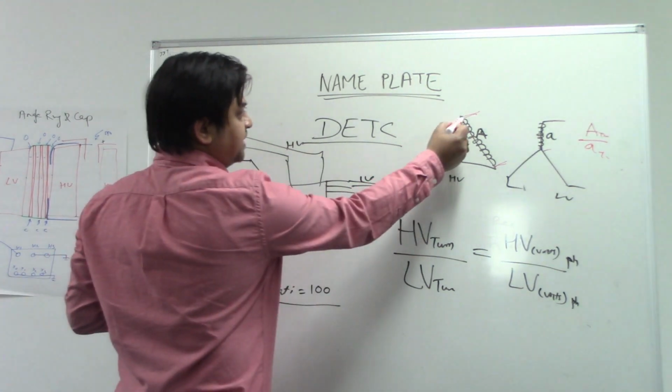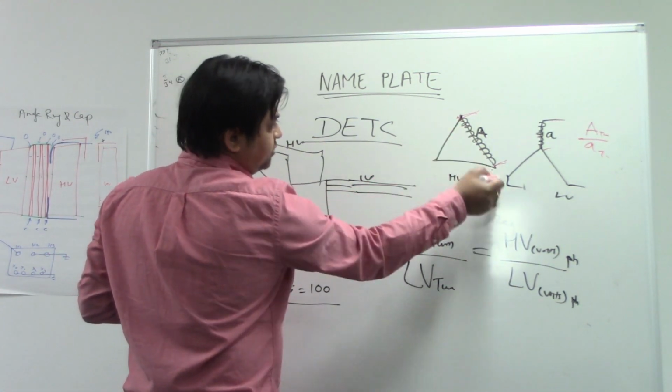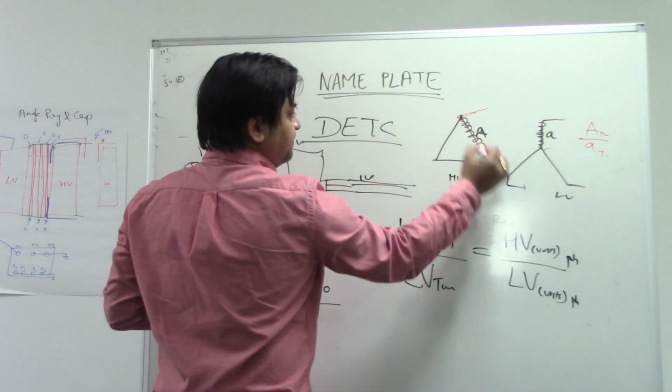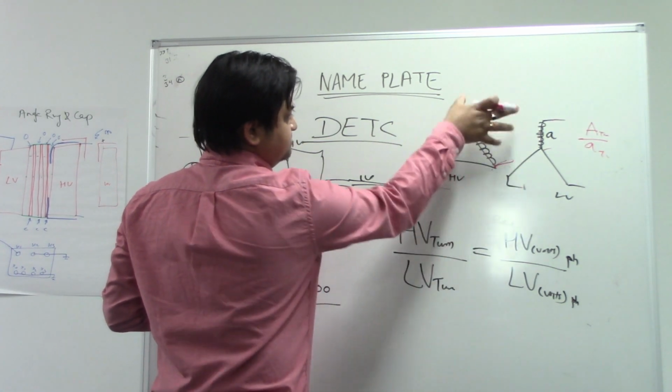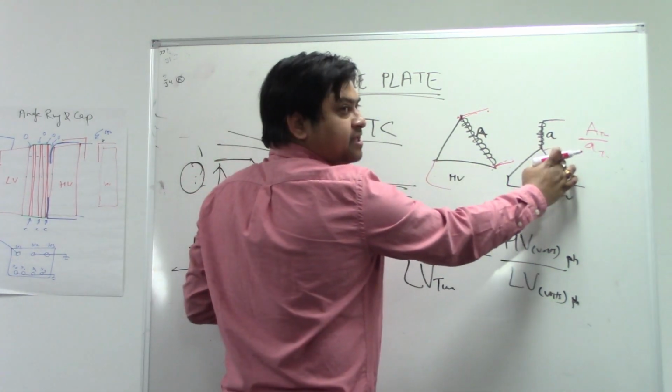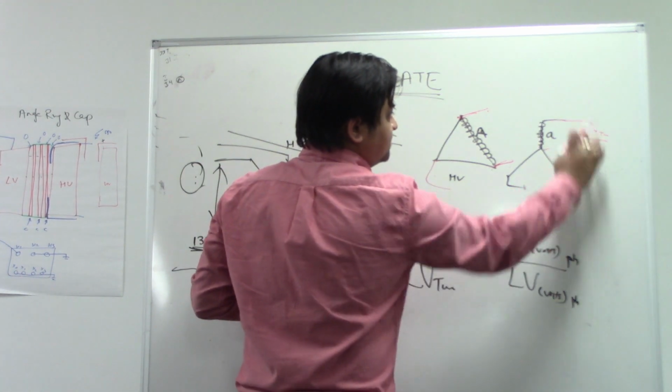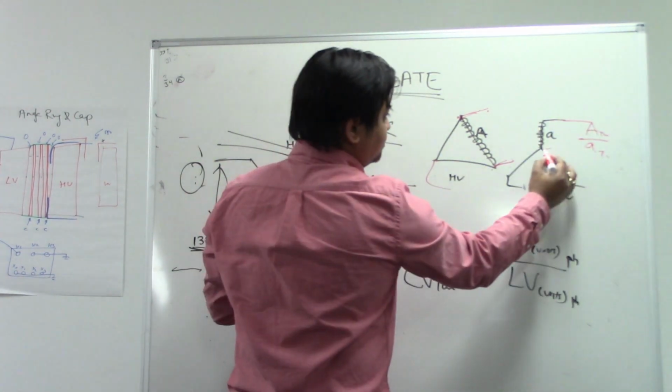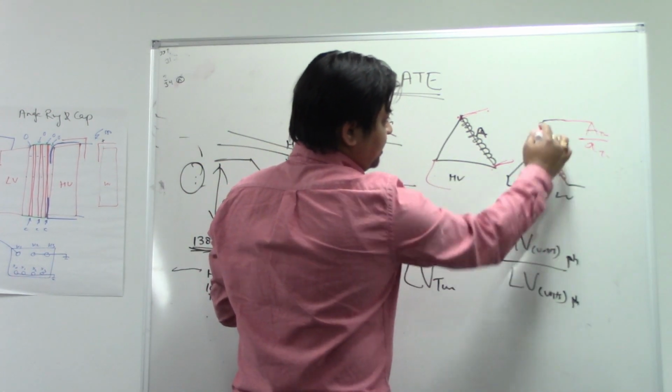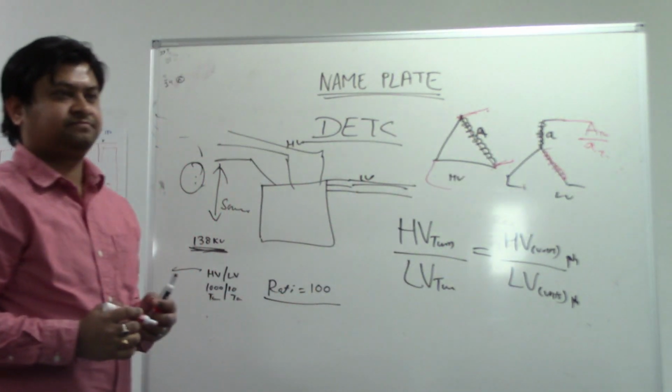If you see, the phase voltage is this and your line voltage is this only, because you have only this terminal, right? But if you see here with the star winding, your line voltage is from here to here. So line voltage in star winding consists of two coils, right?